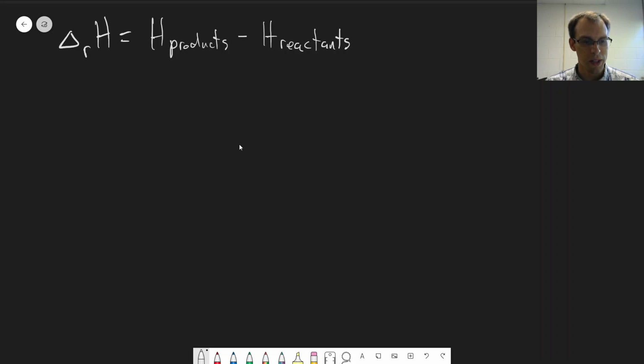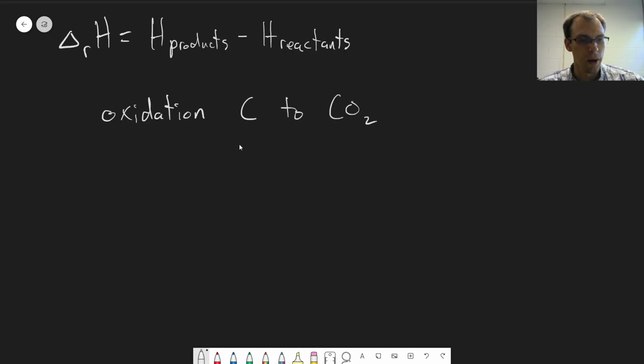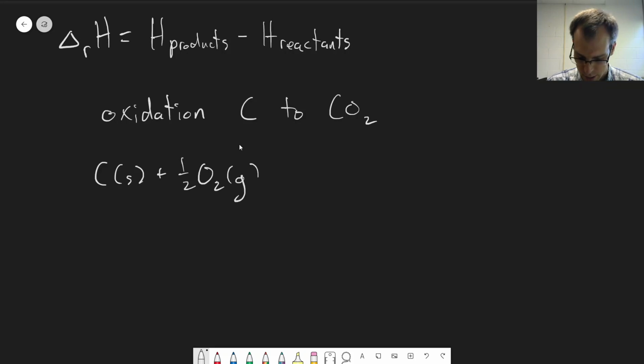So, for example, let's say we have the oxidation of carbon, graphite, to CO2. And maybe we can only do this one step at a time with the reaction setup we have. So we take our carbon plus oxygen, and it goes to carbon monoxide first.